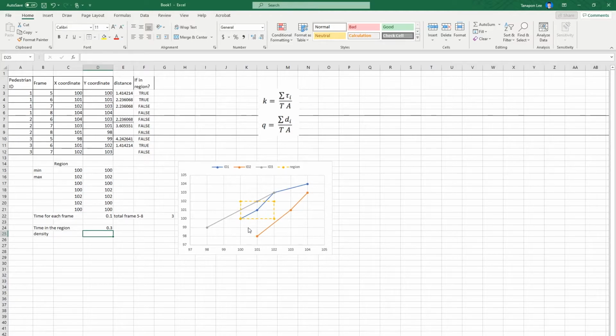So the density is the time that people spend in these regions divided by the total time.